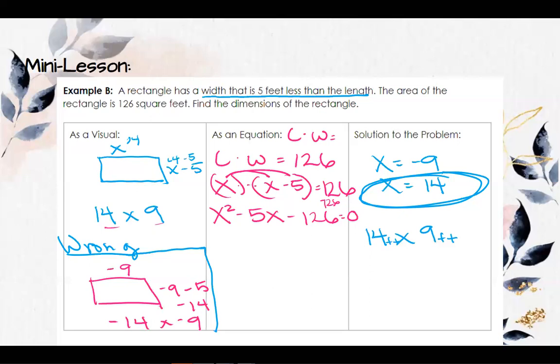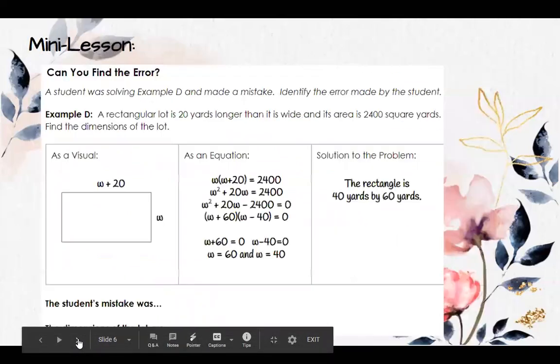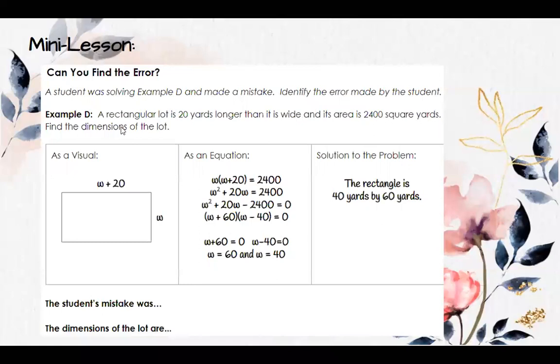Okay, something else that you guys need to know: the reason that you have the visual, the equation, and the problem is because you'll have these error analysis problems. And I want to see if you guys can find the mistake.